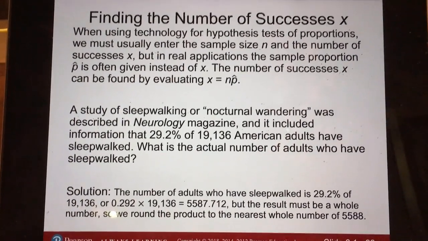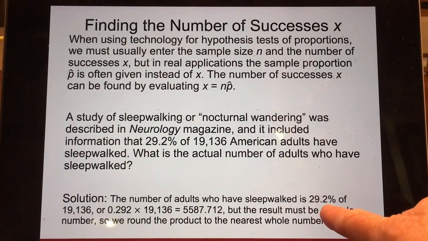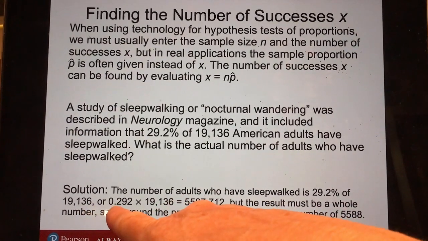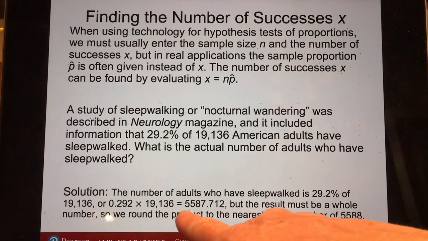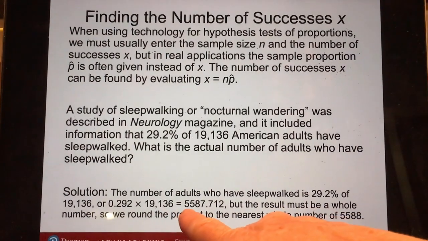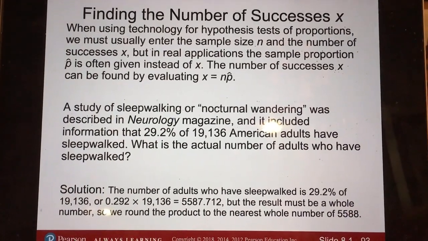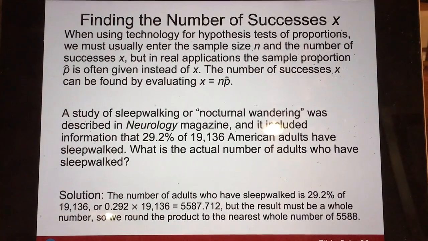So we're going to take the number of adults who have sleepwalked as 29.2% of this. So we're going to do 0.292 times the 19,136. Then we're going to round up to the nearest whole number. So 5,588 have sleepwalked. Okay?